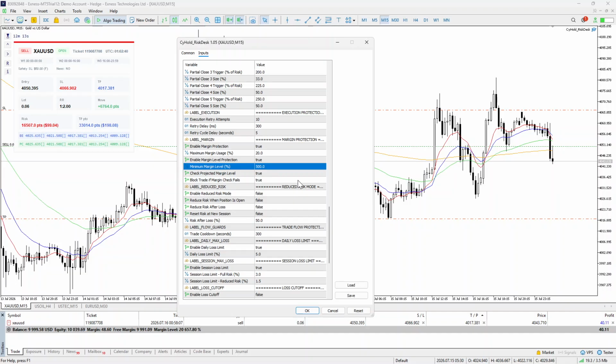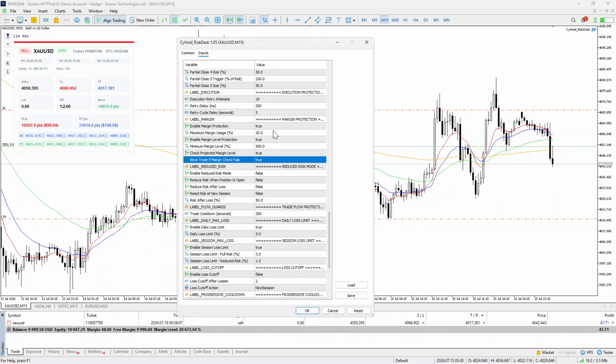For example, if it's 1,000 here, and your margin level at that point is 900, it will not open the trade. It will put in the Excel the information that the trade could not be opened because the margin level was too low. Okay, so it has margin protection and other features.